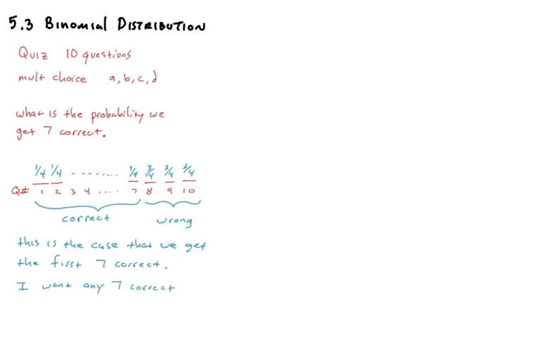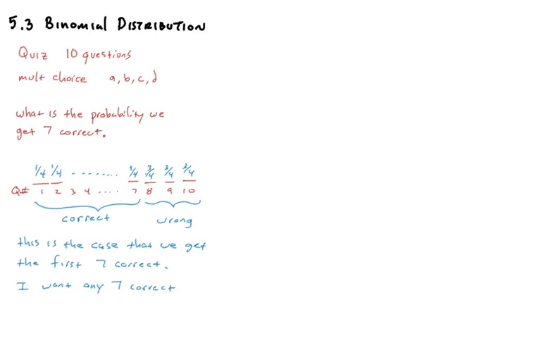What we've done before with the multiplication rule, or pulling marbles from an urn or a hat, we always said the first marble has to be red and the second one is blue, or the first card drawn is green and then the second one is red. We never really allowed for the possibility that we could get any of them, right? If we're trying to get red marbles, they come out in any order.